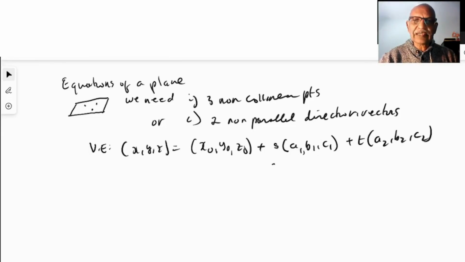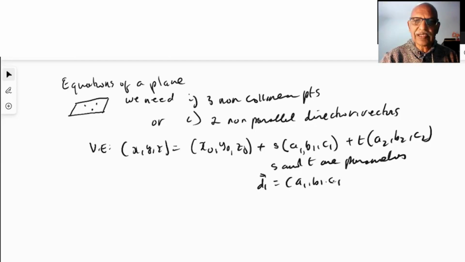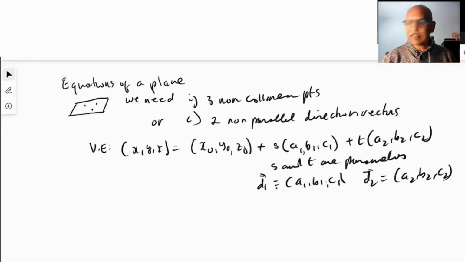So s and t are parameters. We must have two parameters. Direction vector 1 is (a1, b1, c1). Direction vector 2 will be (a2, b2, c2). So we have two direction vectors.